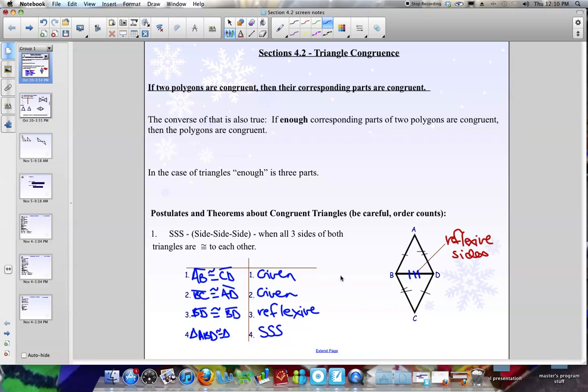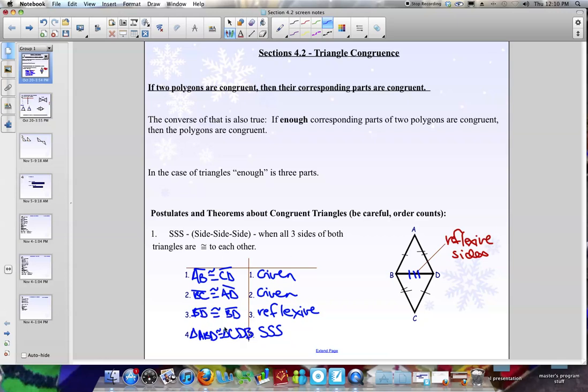And I'm going to name my second triangle with its corresponding parts matching up. A corresponds to C. Since this side is congruent to this side, B in this triangle corresponds to D in this triangle. So B corresponds to D, and then D corresponds to B.